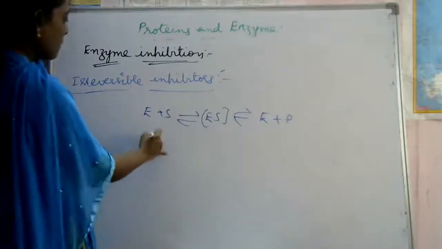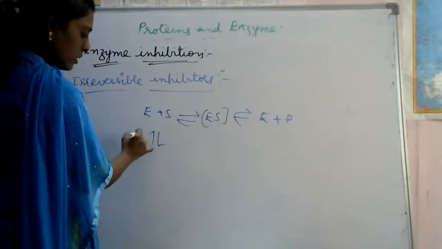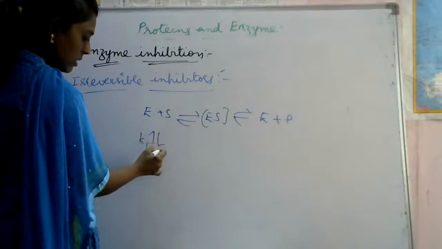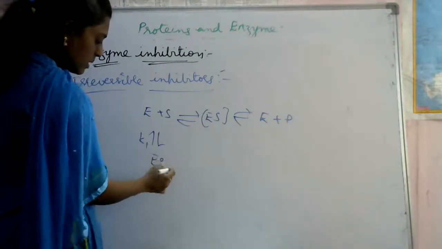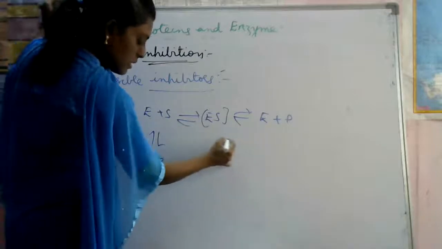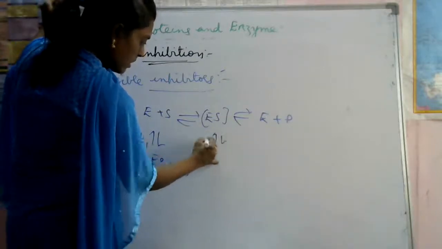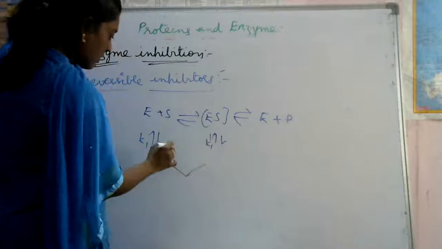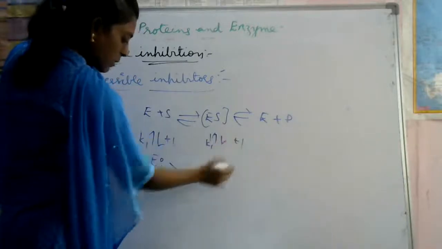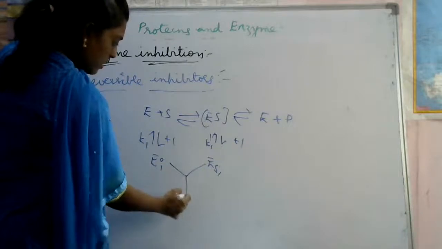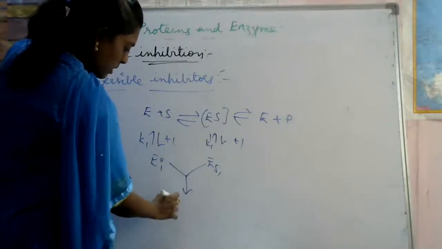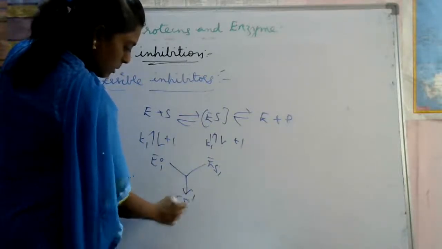So this is K1, EI, K prime 1. Here plus inhibitor, here plus substrate. Both will give the enzyme inhibition.